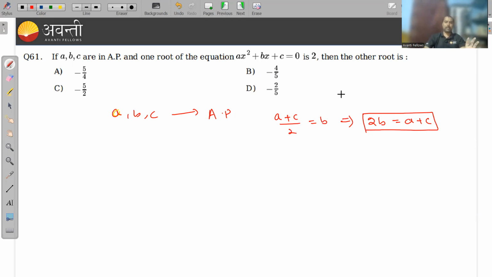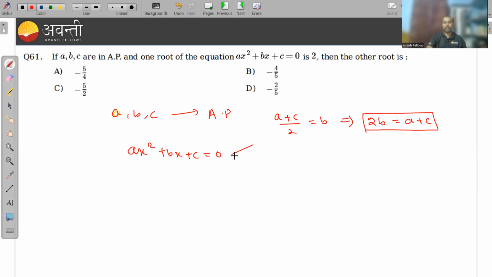And also it is given one root of the equation ax square plus bx plus c is equal to 0 is 2. Then find the other root. The quadratic equation is given as ax square plus bx plus c is equal to 0.